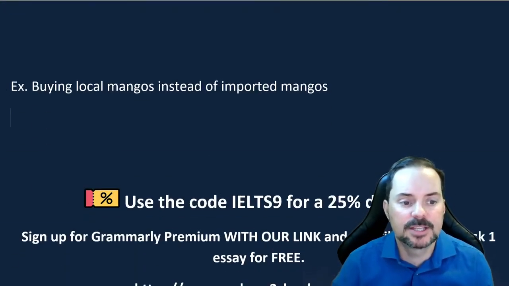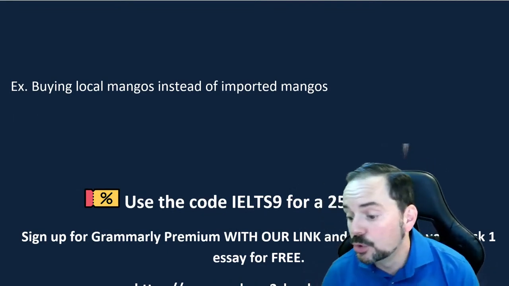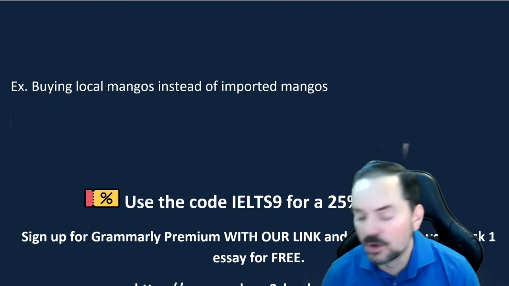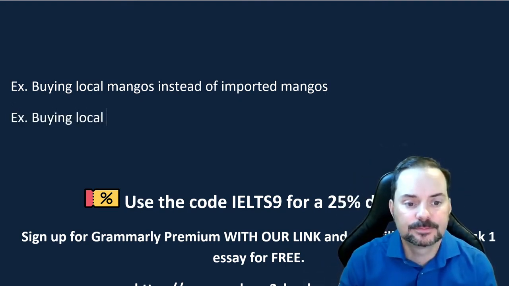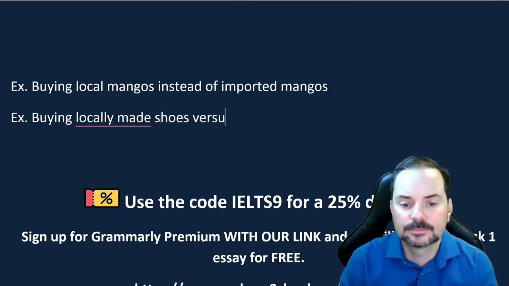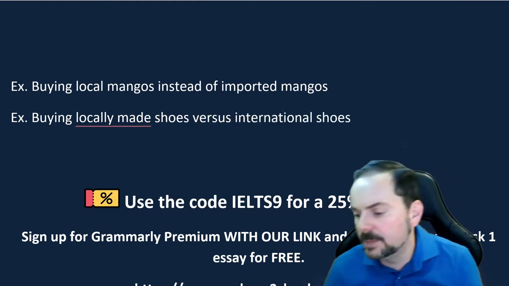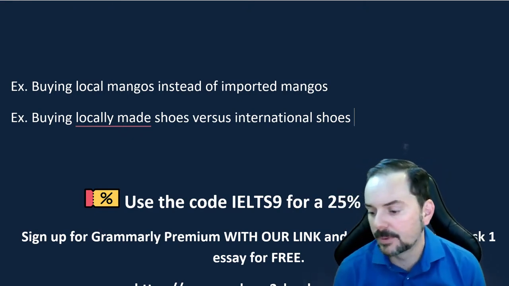Let me separate that out there for a second. Shoes. Very good. So buying local shoes versus international shoes. What would be an international brand of shoes that you have bought?